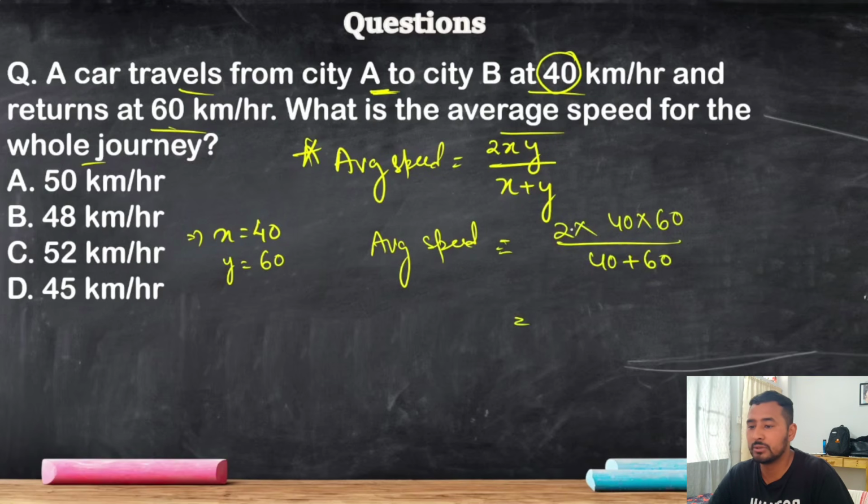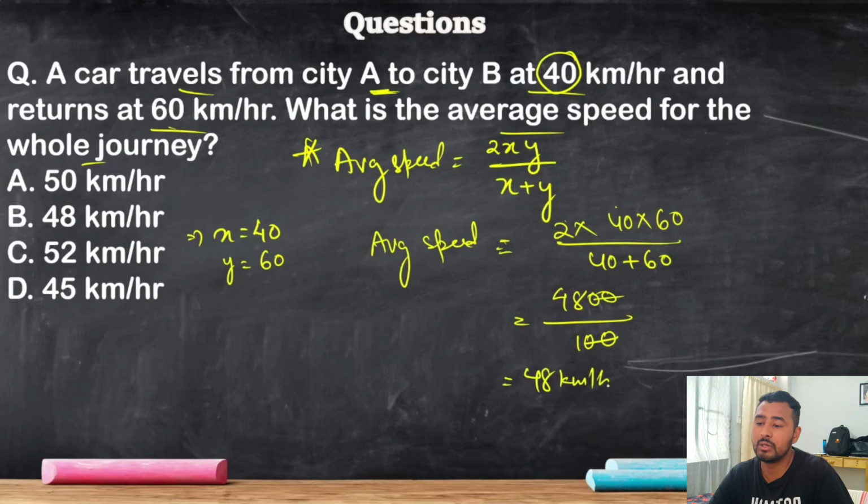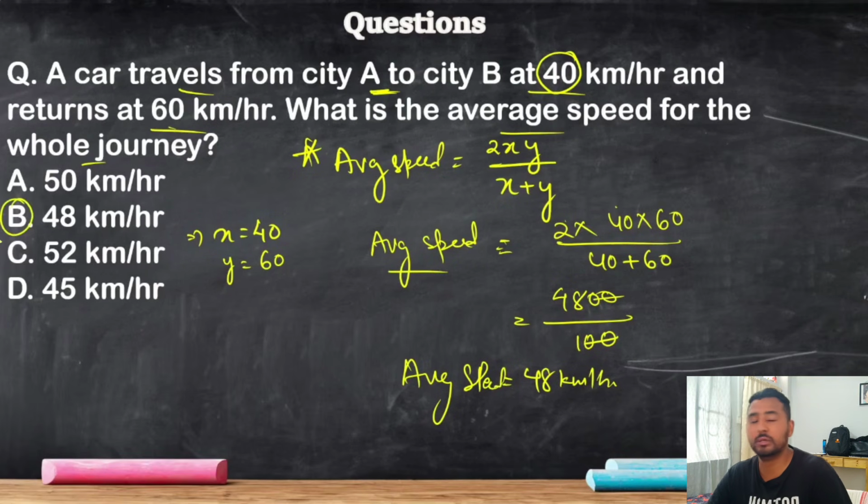If you want to multiply again, 2 into 4 is 8, 8 into 6 is 48, so 4800. Divide by 40 plus 60, which is how much? 100, cancel 0 0, you'll get how much? 48 kilometer per hour. So our average speed is how much? 48 kilometer per hour. Option number B will be the correct answer.